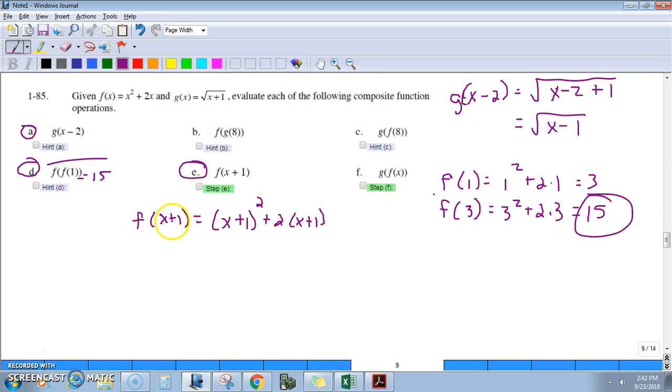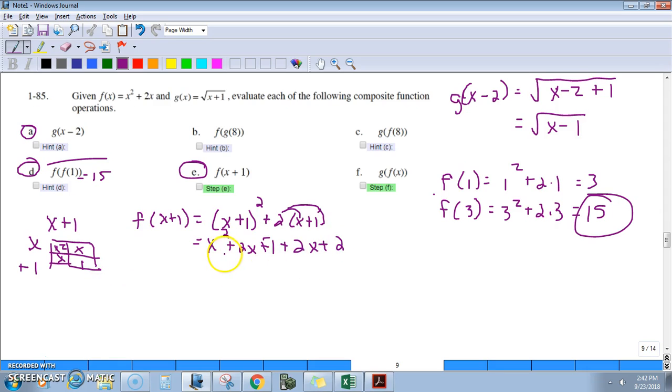And then if it wants us to evaluate it, I'm not sure if that means it wants us to simplify it, but there's no harm in practicing that. So x plus 1 times x plus 1 is the same as (x plus 1) squared, right? So x squared, 1 times x is x, 1 times x is x, and 1 times 1 is 1. So that is x squared plus 2x plus 1, plus, and then I'm going to distribute this 2, 2x plus 2.